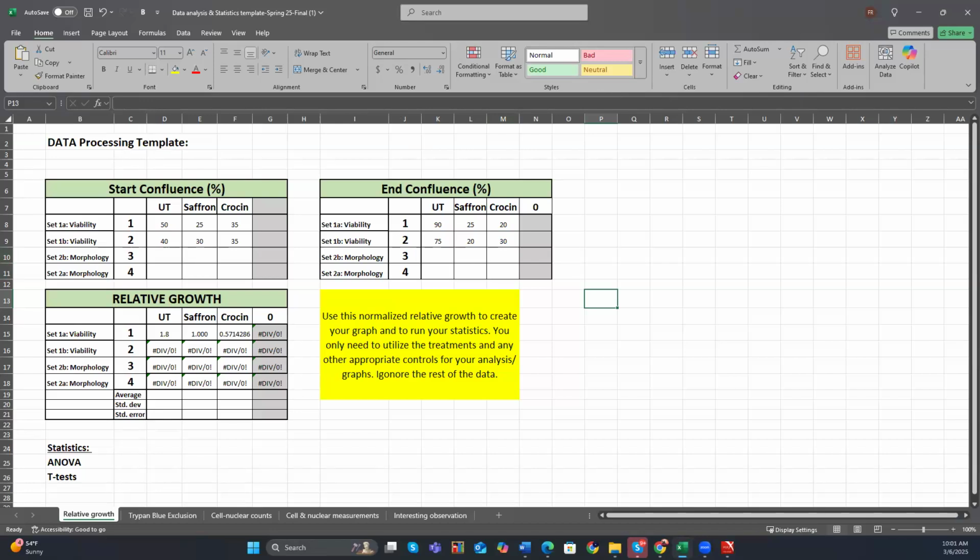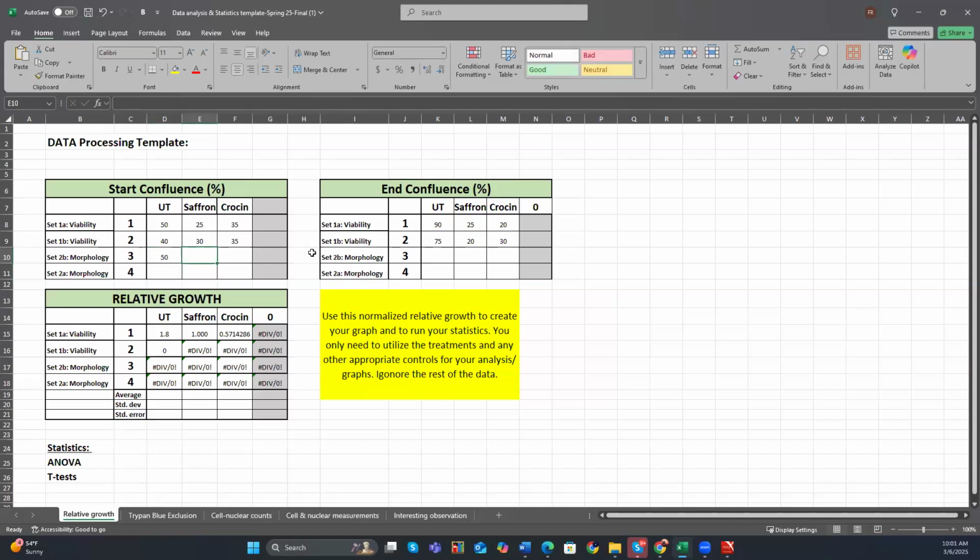I'm trying to find my morphology. Where did I put it? Oh, it's right here. Never mind. So for morphology, again, I'm going to do the same thing. I'm going to write down what I had for one or two of my numbers. Let's say I only have one.